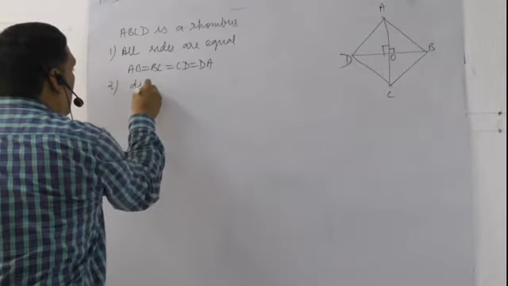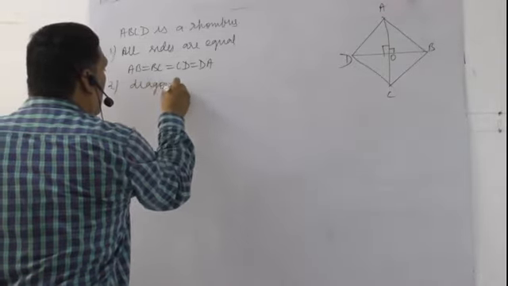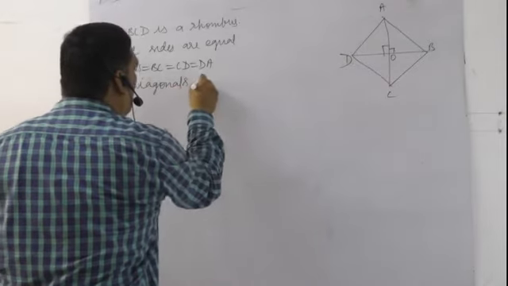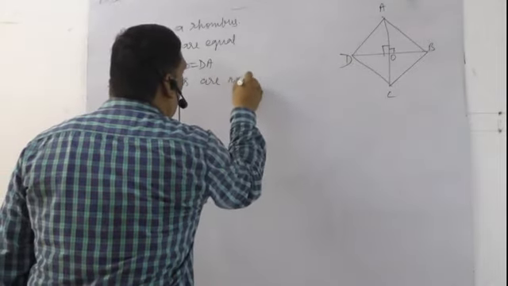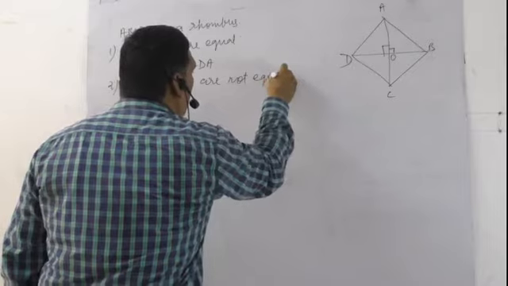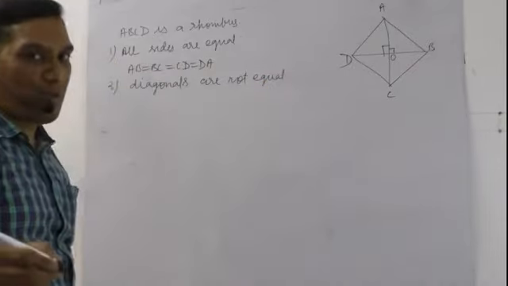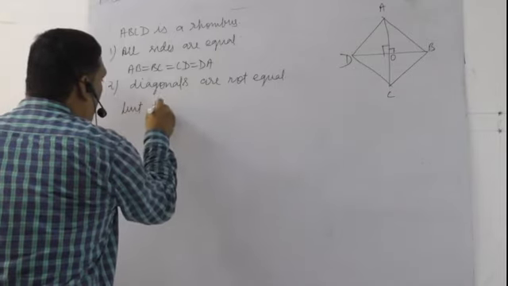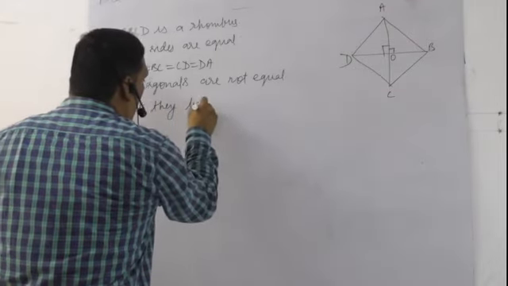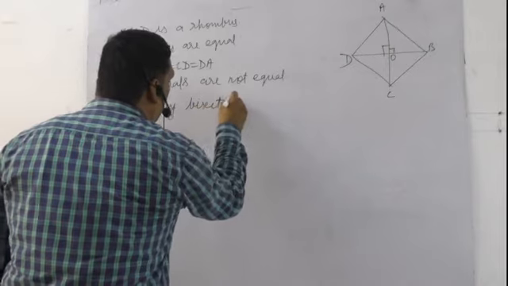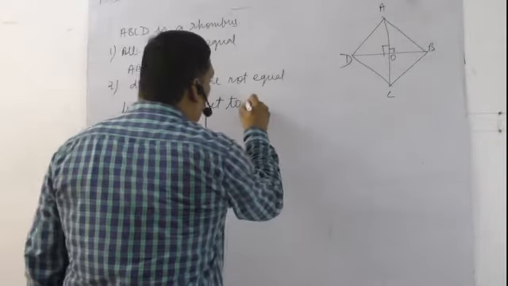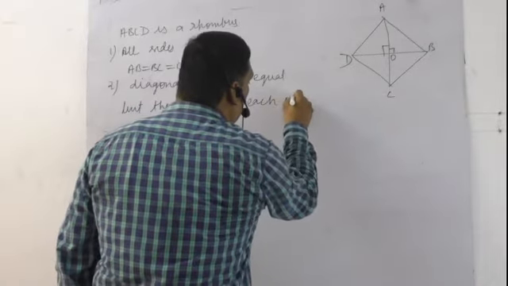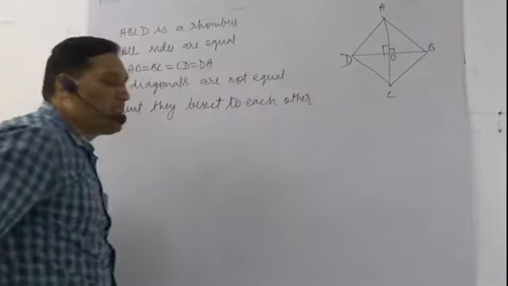Second, diagonals are not equal but they bisect each other.